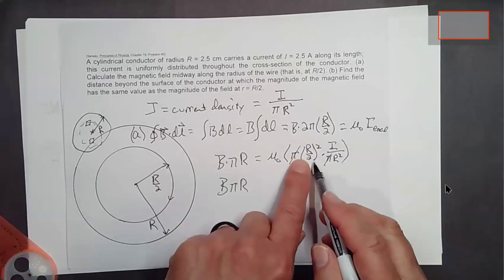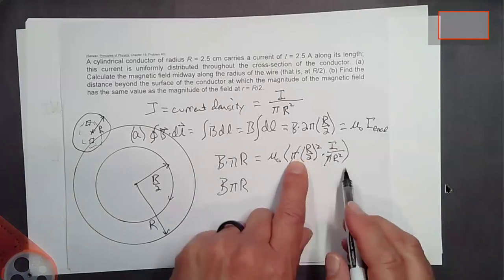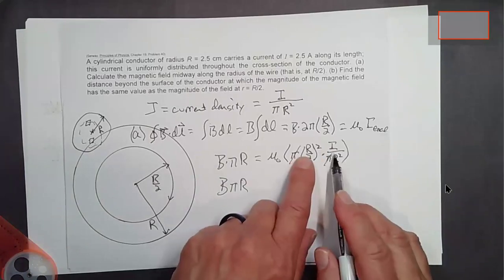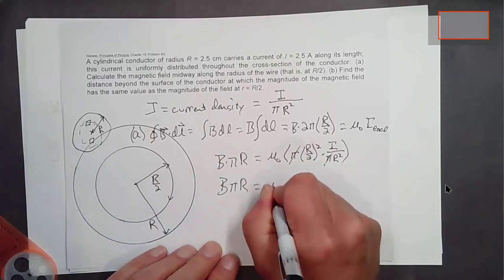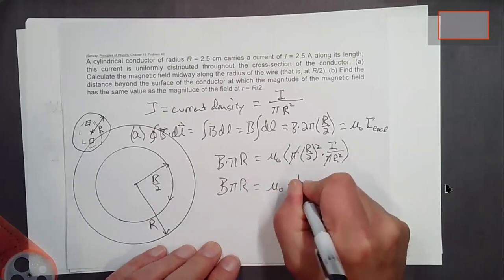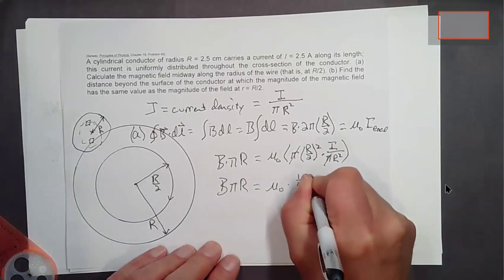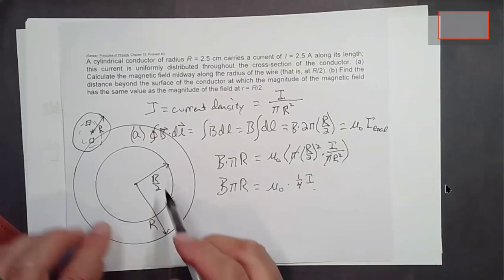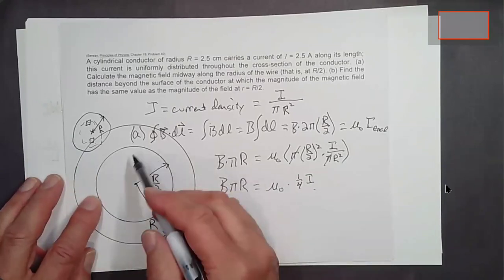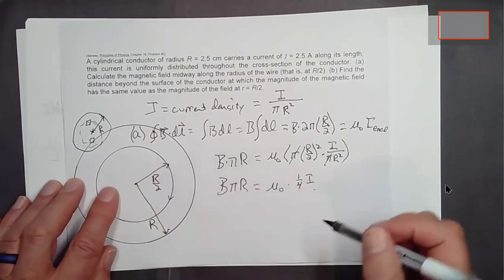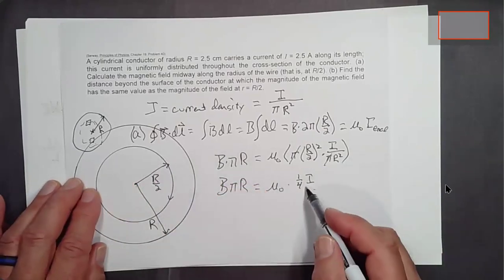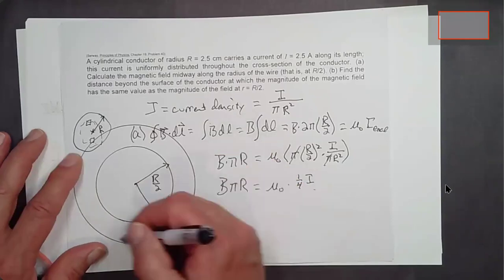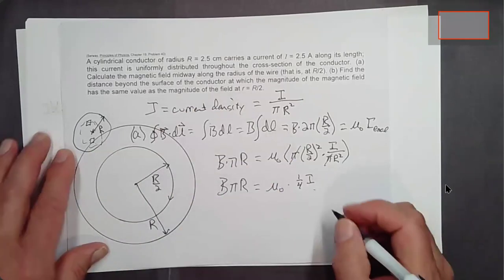I've got 1/4 R squared and R squared on the bottom. So I'll have mu naught times 1/4 I. Through this circle that's just half the radius, I only have 1/4 of the total current, and 3/4 of the total current is the rest of it.